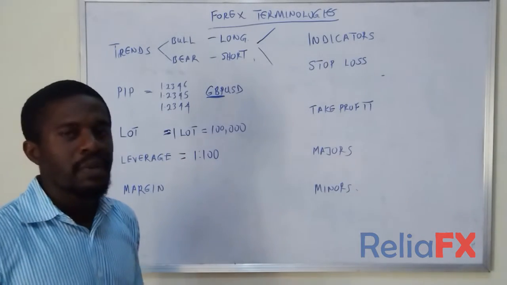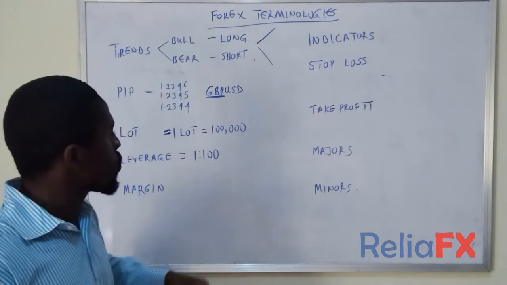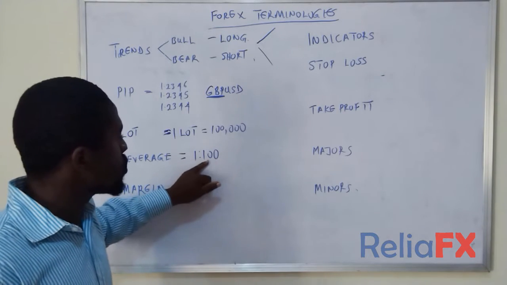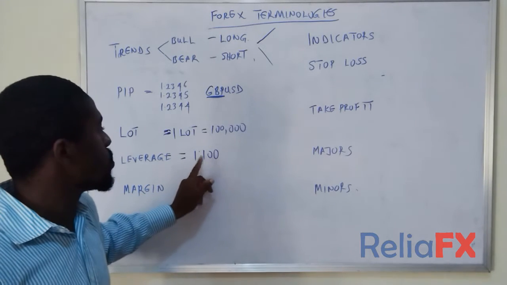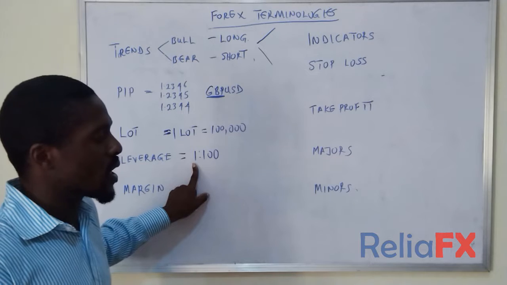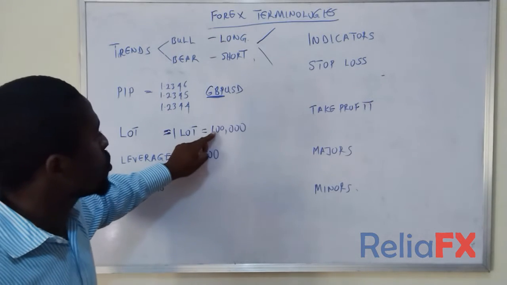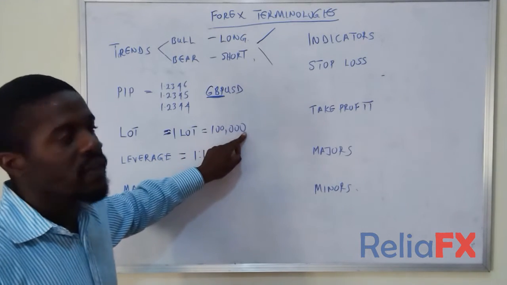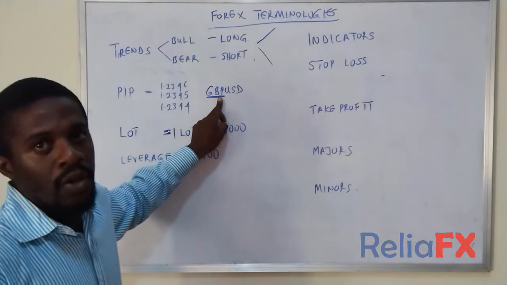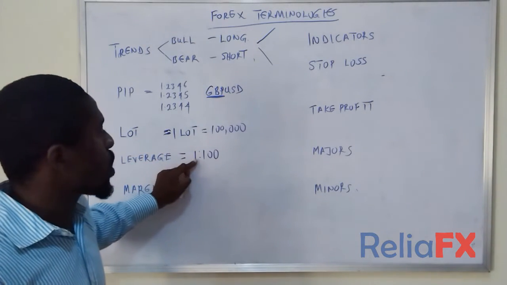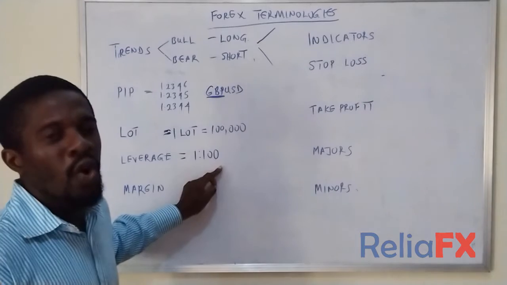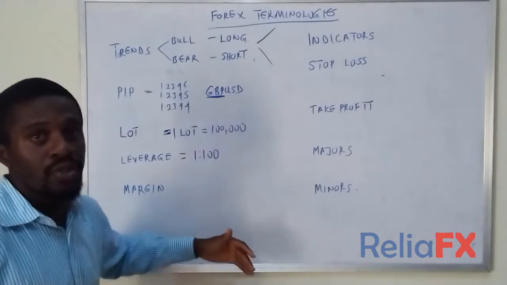What 1:100 means is that if you need to trade 100 units, you only need to bring one. Did you get that? So if you want to trade 100,000 units of a particular currency, and you are given a leverage of 1:100, what you just need is 1/100th of the amount you need to trade.